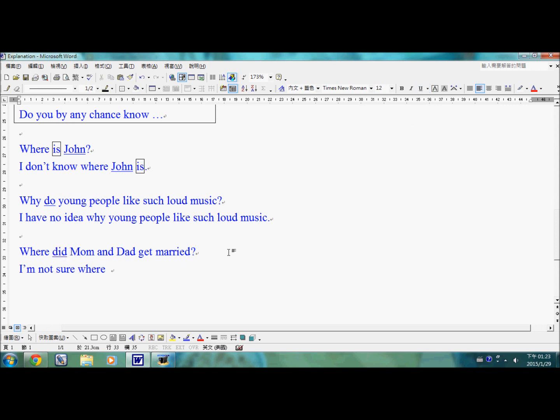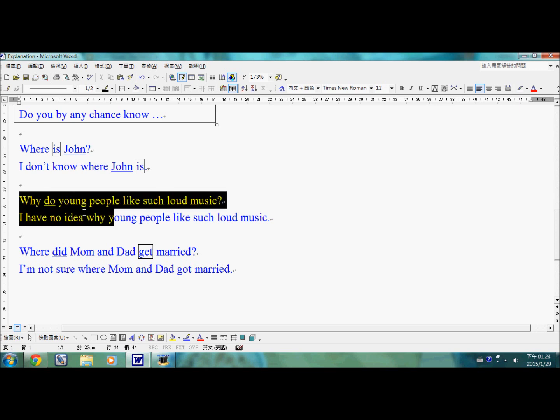So we do not use did, but the sentence is written in the past tense. We must change the verb over here to its past tense. So we will be saying, I'm not sure where mom and dad. The past tense of get is got, so got married.